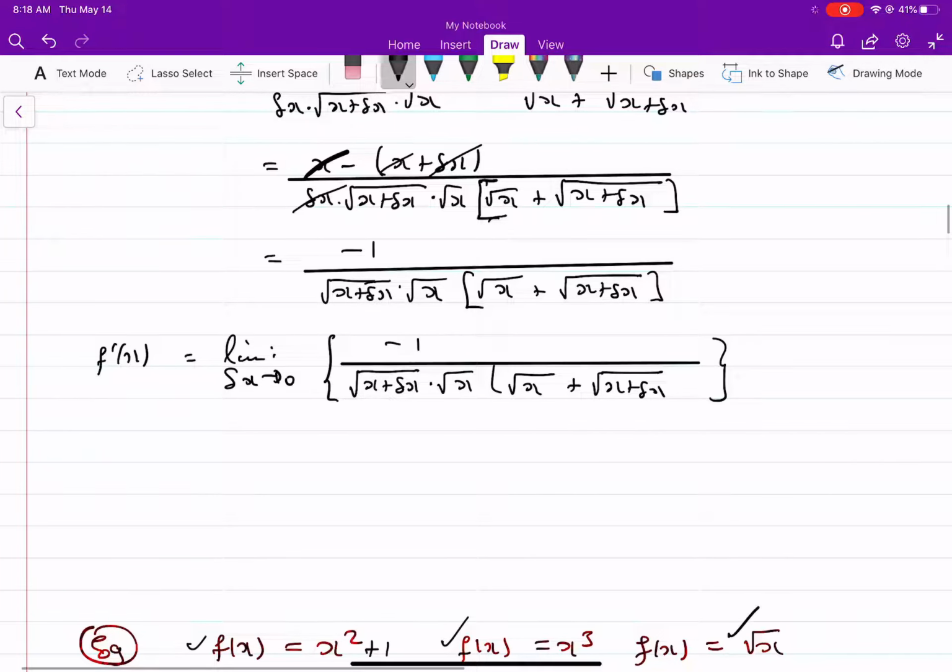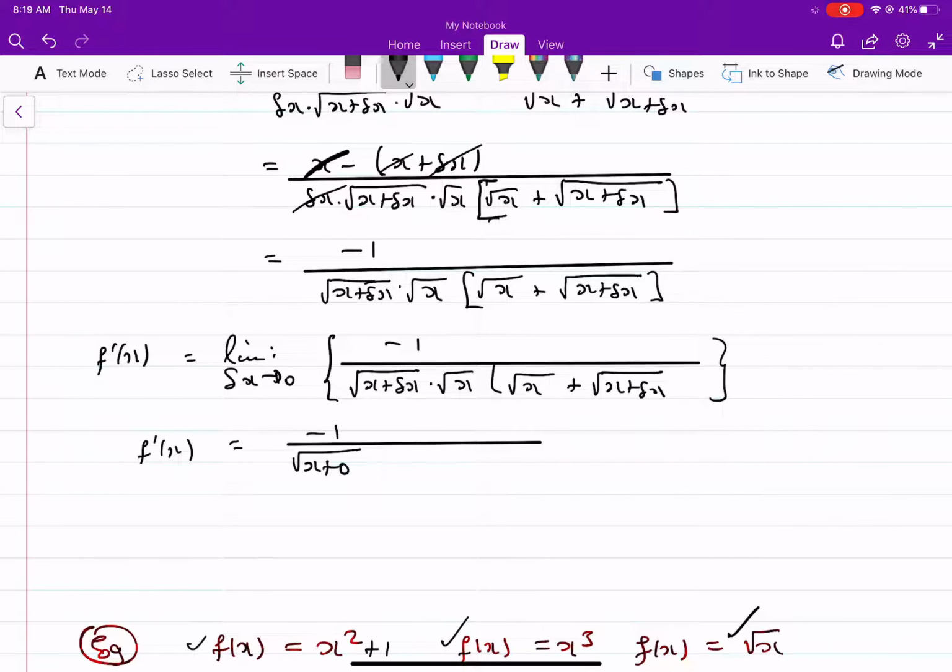Now, hopefully when I plug in delta x equals 0 into this, I wouldn't get 0 upon 0, and I can't get 0 upon 0. So f prime of x is equal to, I'm finding the limit now, minus 1 upon root of x plus delta x is like root of x plus 0.